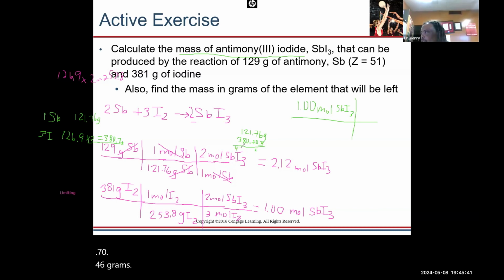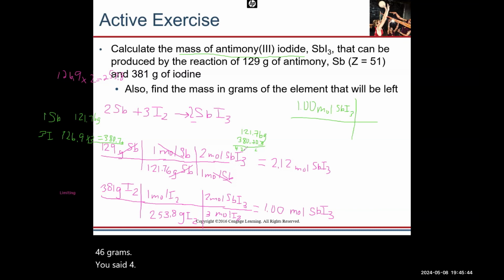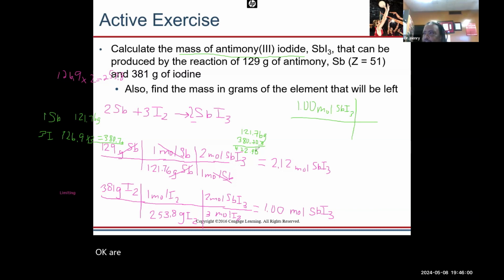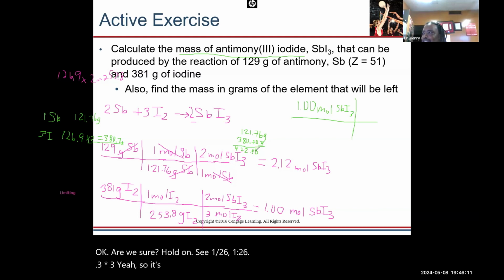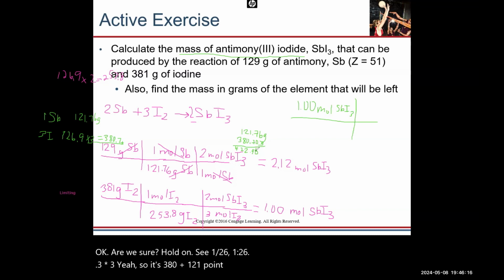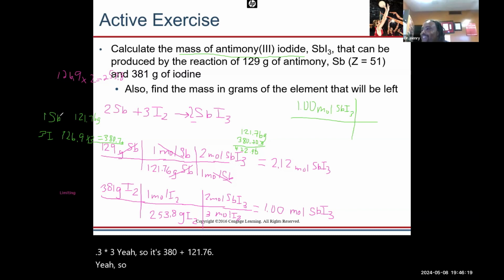You said 4? 22.46 grams. Okay, are we sure? Hold on. Don't forget to carry the one. So it's 380 plus 121.76. Oh, that's 502. So we're a little off there.